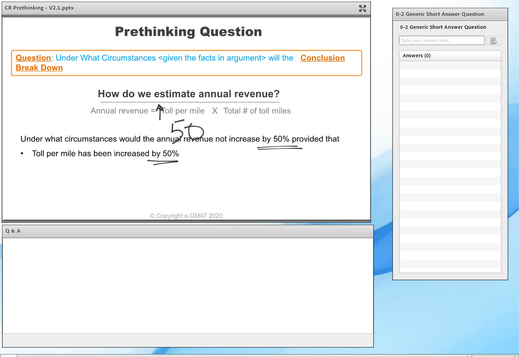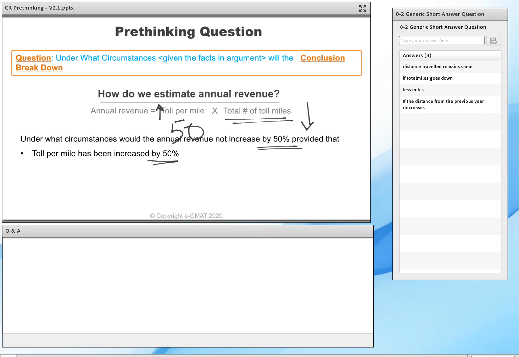That's a fact given to us. What's the only scenario? The only scenario is if the total number of toll miles goes down, right? Fewer miles. If distance traveled goes down or remains the same, revenue doesn't increase at all.